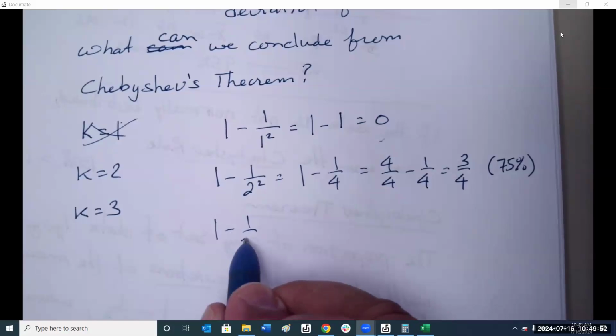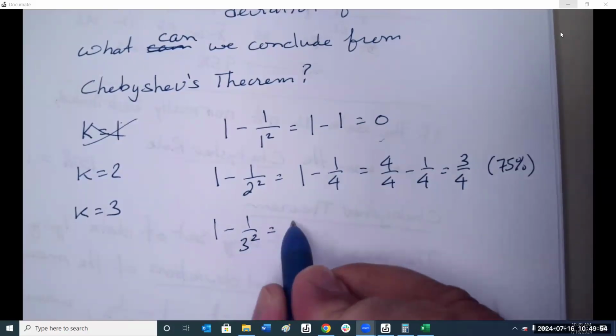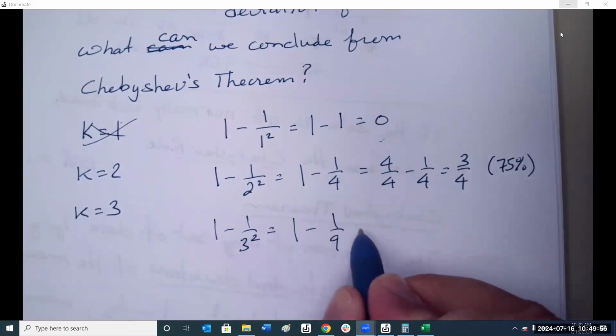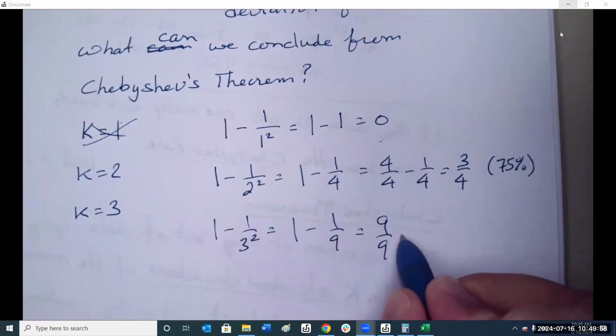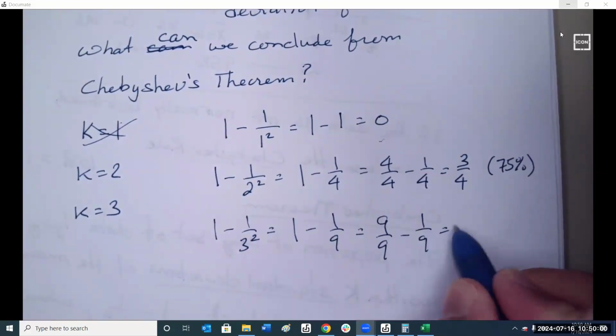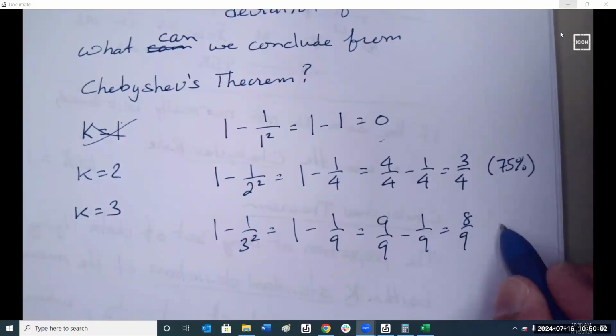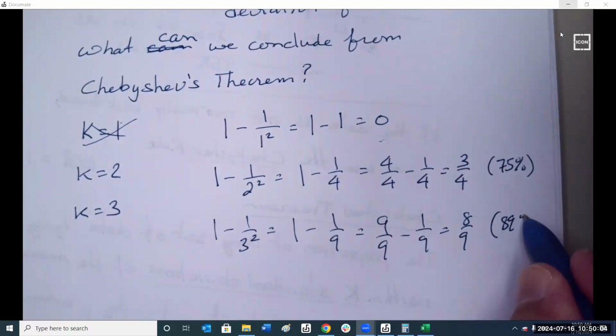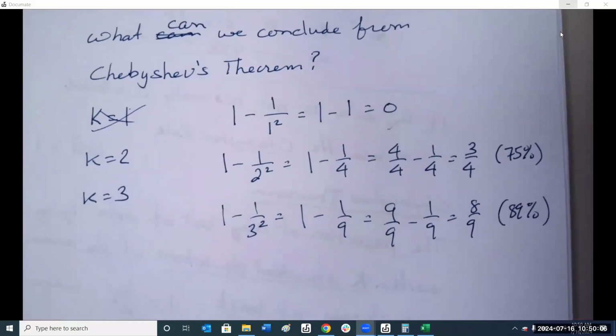One minus 1 over 3 squared, 1 over 9. 9 over 9 minus 1 over 9 is 8 over 9. Approximately 89% of our data fall within 3 standard deviations. And then approximately 11% is outside the 3 deviations.